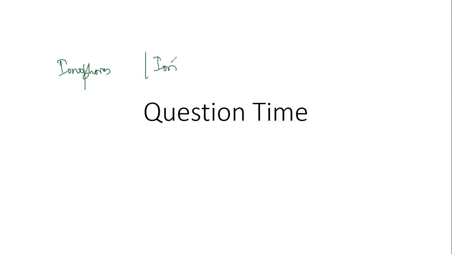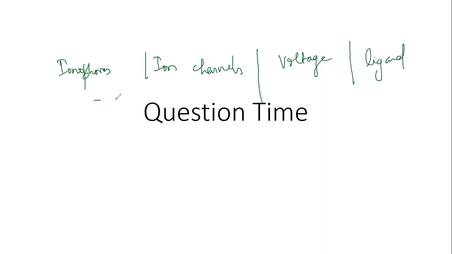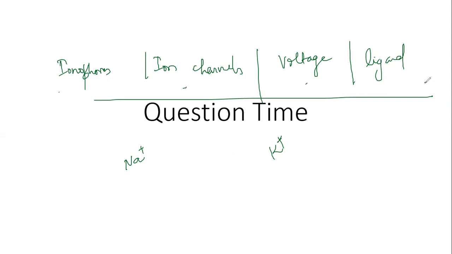Ion channels हो गए, voltage gated हो गए, and then ligand gated हो गए. ठीक है? हर एक में we have got the example of Na plus and K plus. So कल को अगर कोई नाम आ रहा है, you shouldn't get confused that these are Na plus channels. No, ionophores अलग है, channels अलग है, voltage gated अलग है, ligand gated अलग है. Okay, so please do understand the difference in these.